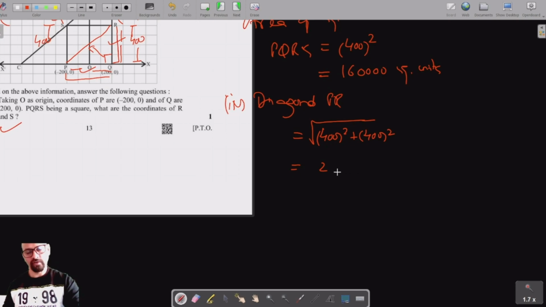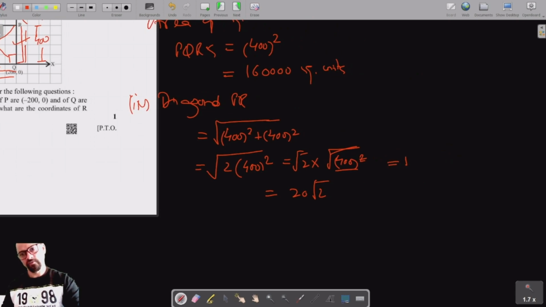Now this is 2 times, so I can write 2 times 400 squared under root, which gives me root 2 into square root of 400 squared. Square and square root get cancelled, and the square root of 400 squared is 400. So this is equal to 400 root 2 units.